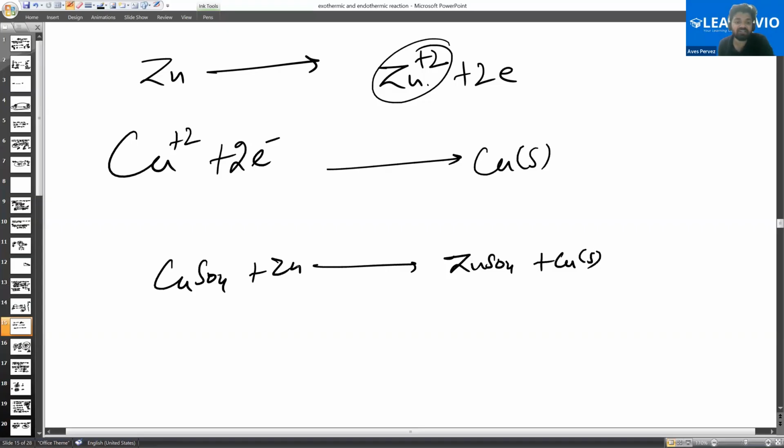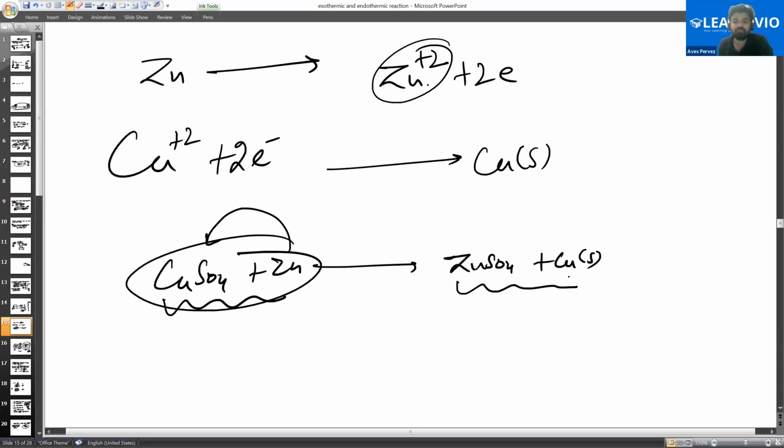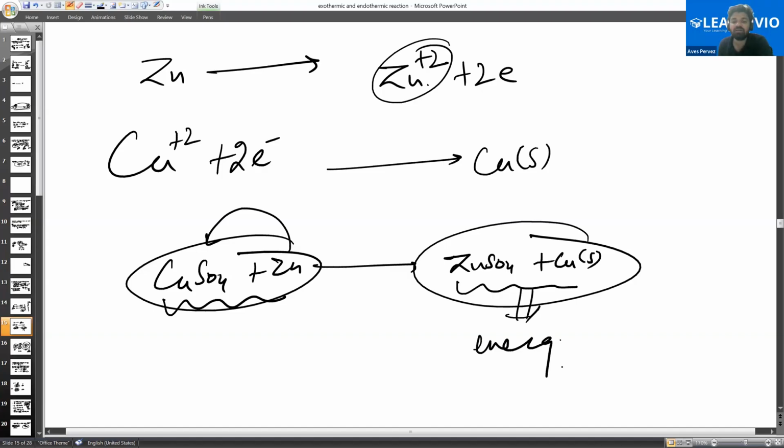So if this reaction has these two as reactants and it is shifting this way, it was like this but it becomes like this. Why did it change? It would have stayed as it was, but because by doing this its energy will decrease, energy becomes less. In this arrangement its energy is decreased, means the product energy is less. We can say that if the zinc is donating its 2 electrons to copper, copper becomes solid like this way.